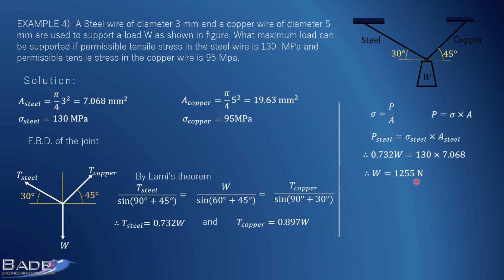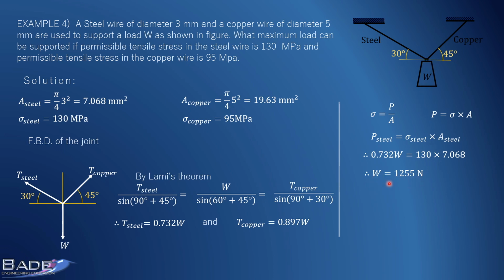So what does this mean? If you hang load W here, which is 1255 Newton, stress in steel will reach this value 130 megapascal, and that is the maximum permissible stress in steel. So the load suspended here must not exceed this value.